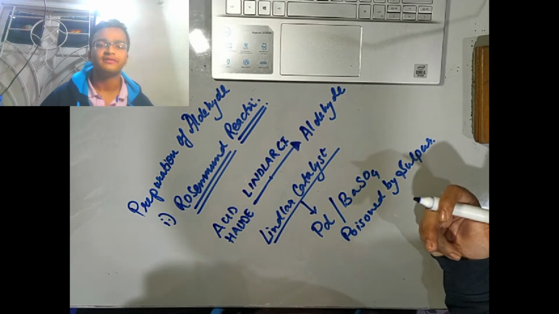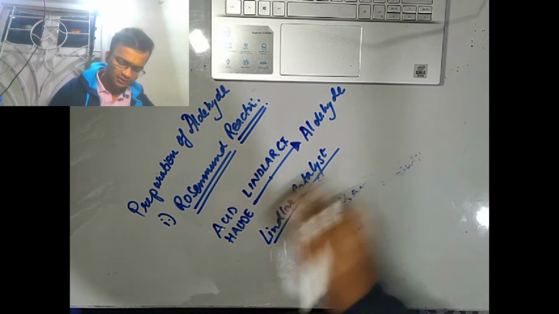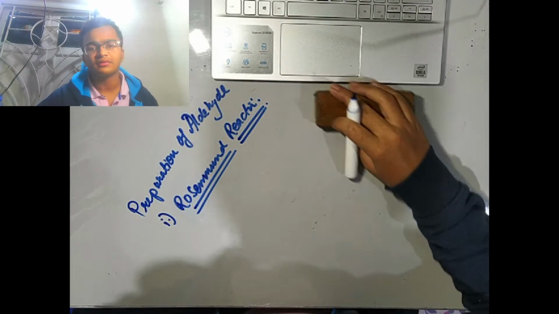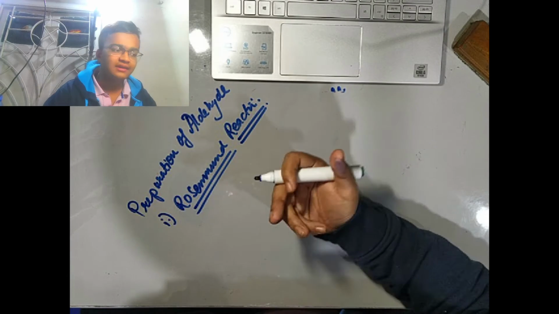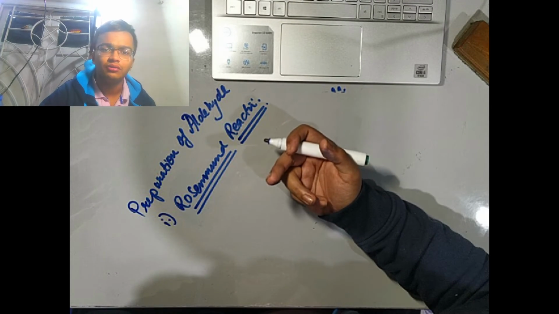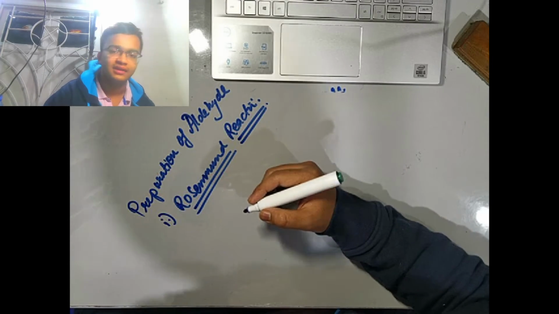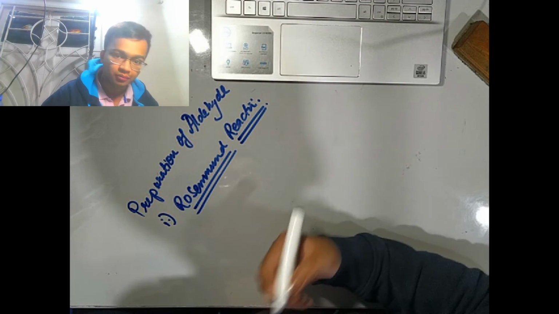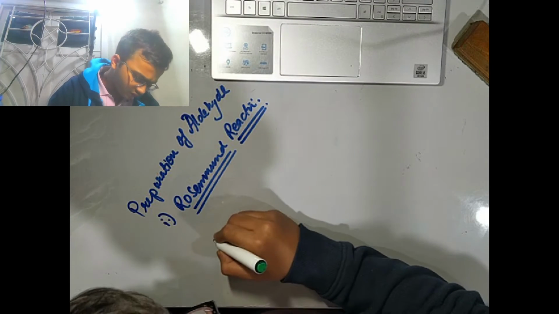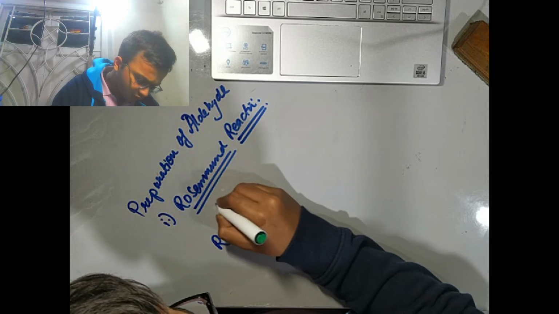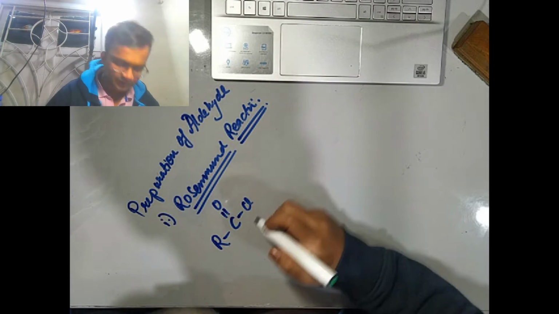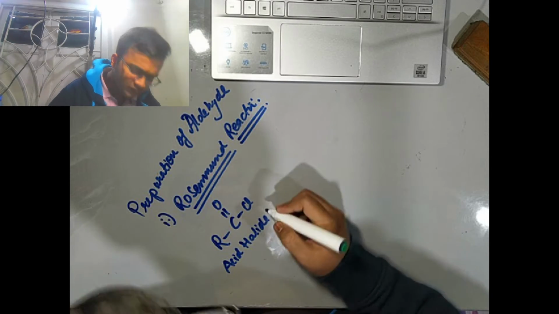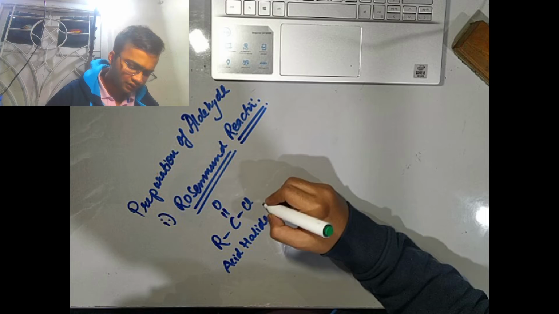Now let us check out the reaction. What is happening? I will take an acid halide. It can be quinoline also, in presence of Lindlar catalyst, you can also write it as quinoline. Now, what is the framework of the reaction? It is R C double bond O Cl, this is my acid halide.